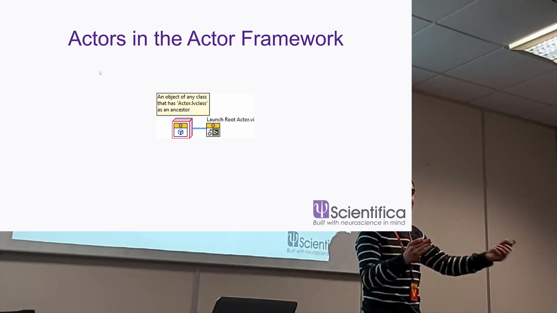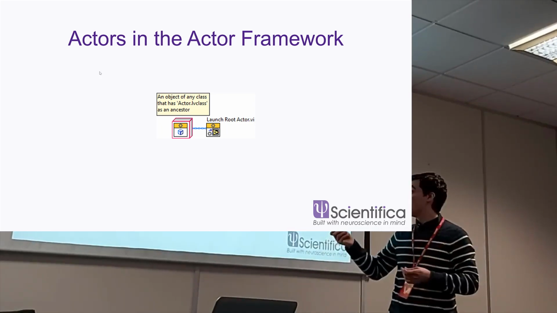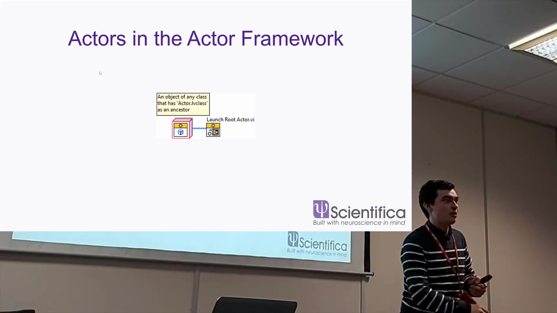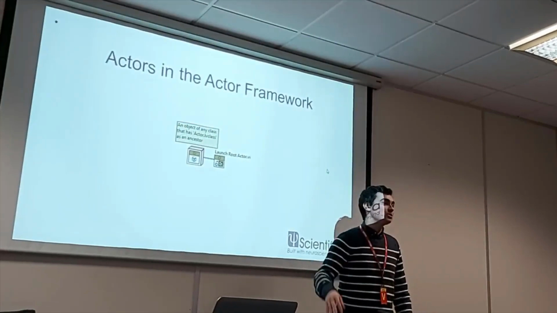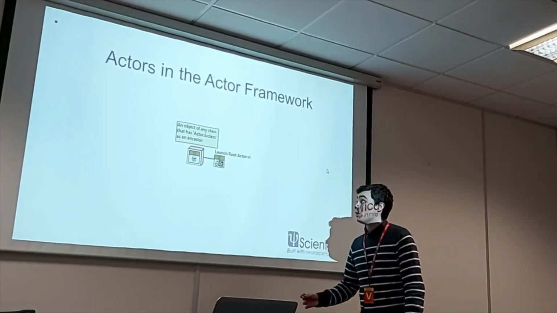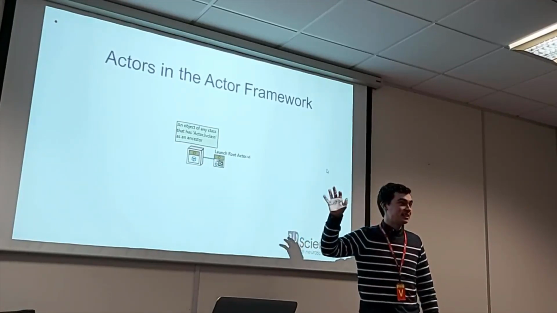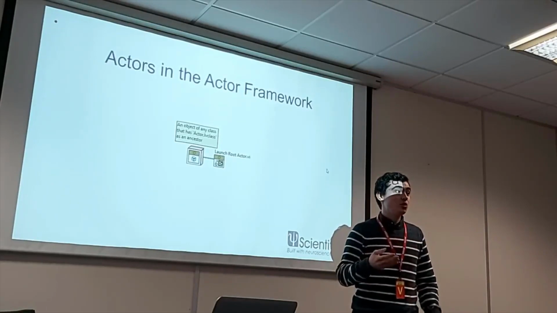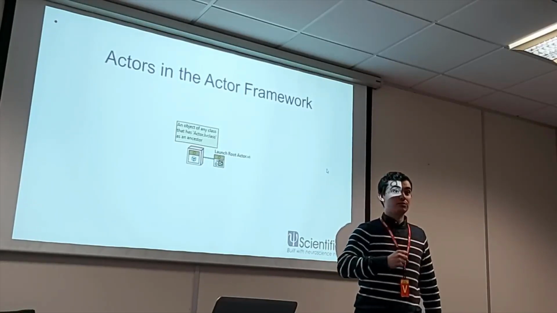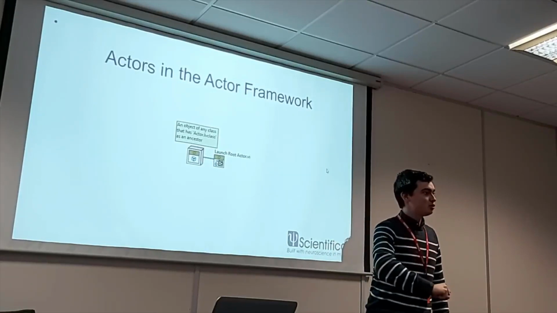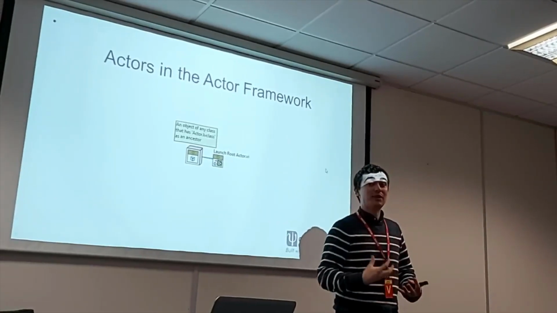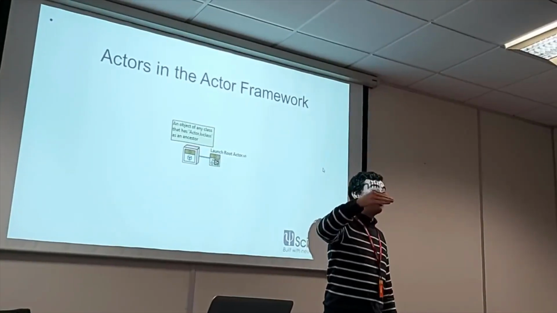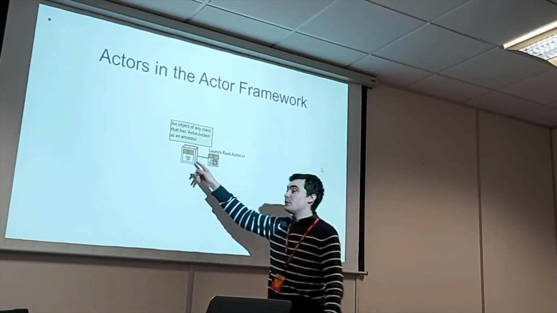And so long as you have a class that inherits from actor.lv class at some point, you could have an inheritance level going down, I don't know, 100 levels if you really wanted to. At some point, you need to have actor as an ancestor. By having actor as an ancestor, we are actually stacking the behavior. So in Actor Framework, your lowest level child class has all of the functionality and behaviors of its parent's class, and that has all of the behavior of that parent's class, and so on and so on, until we get to actor.